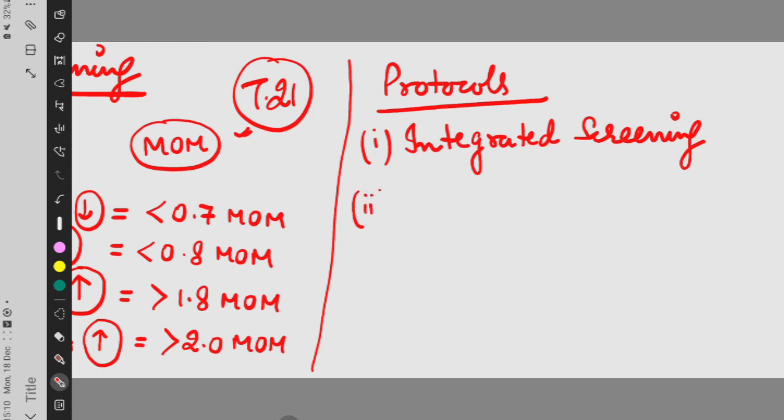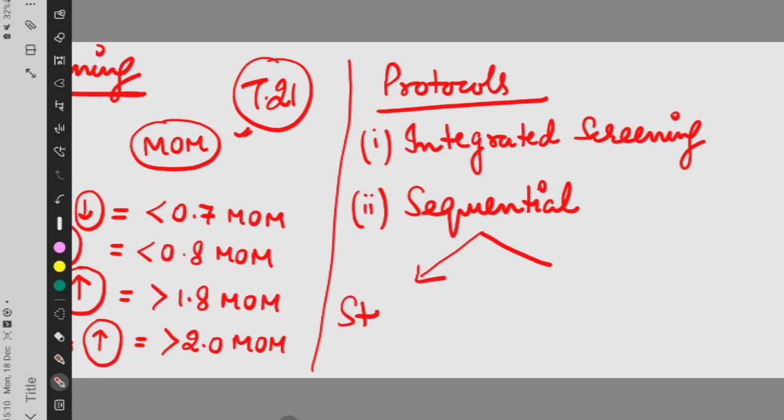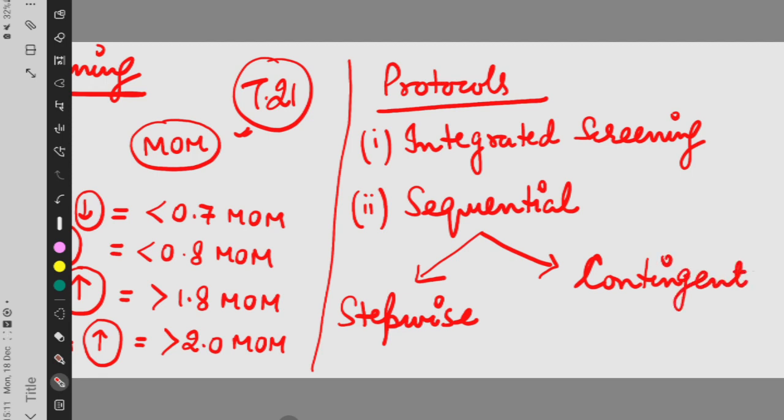The second is your sequential screening protocol. Sequential screening can be of two types: either stepwise sequential screening, or contingent sequential screening.